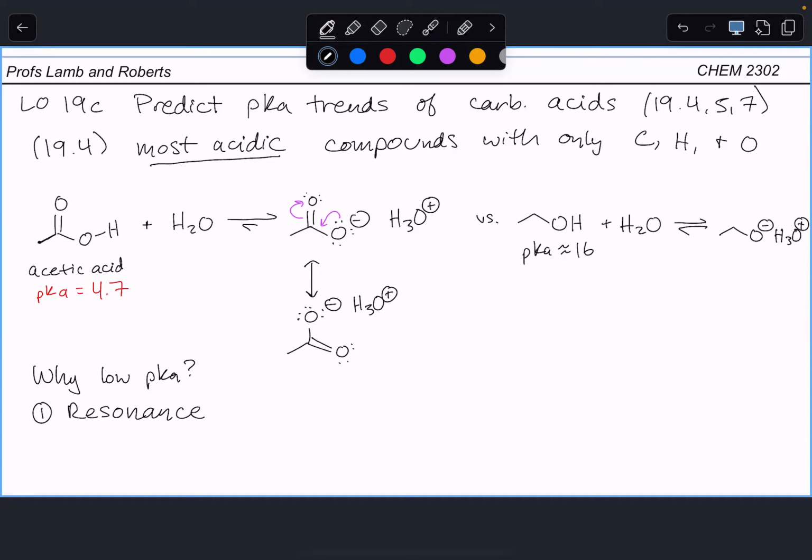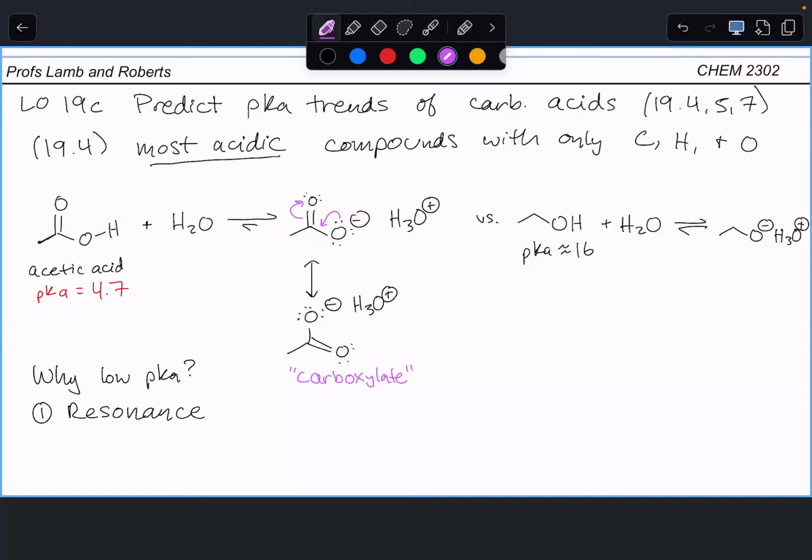This is called a carboxylate. It's just the name of the conjugate base of a carboxylic acid. "ate" generally means negatively charged. So carboxylate, negatively charged version of a carboxylic acid. And again, let's recognize that these two resonance structures are functionally equivalent. They're the same. So that means that our two oxygens, again, are indistinguishable.